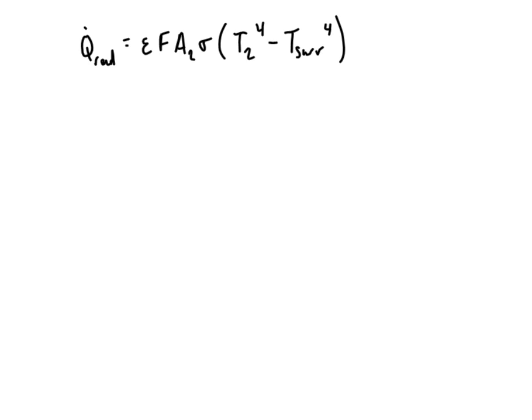Okay? The view factor of a sphere to the room is equal to 1. Everything leaving the sphere, the room can see the entire sphere, right? And then our area of the sphere is pi times d2 squared. That's the surface area of the outer sphere.